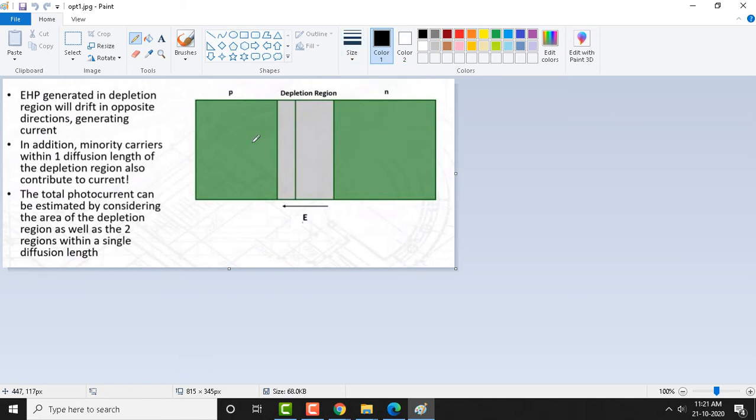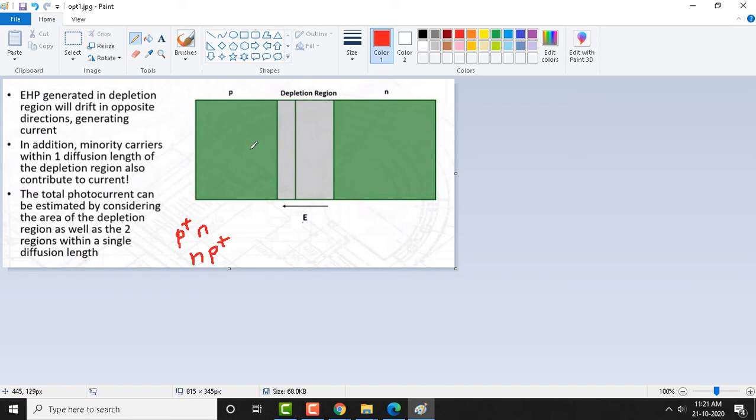What kind of junction is it? Either P plus N or N P plus. I am asking you what type of junction it is. Either this is a P plus N or N P plus junction. Doping is more on this side.